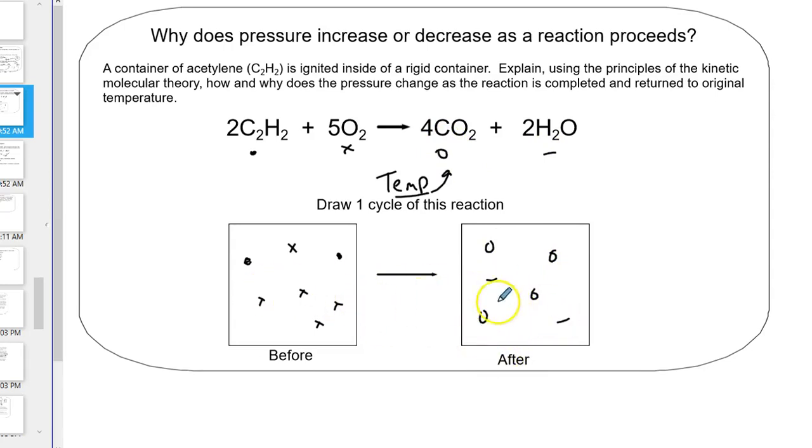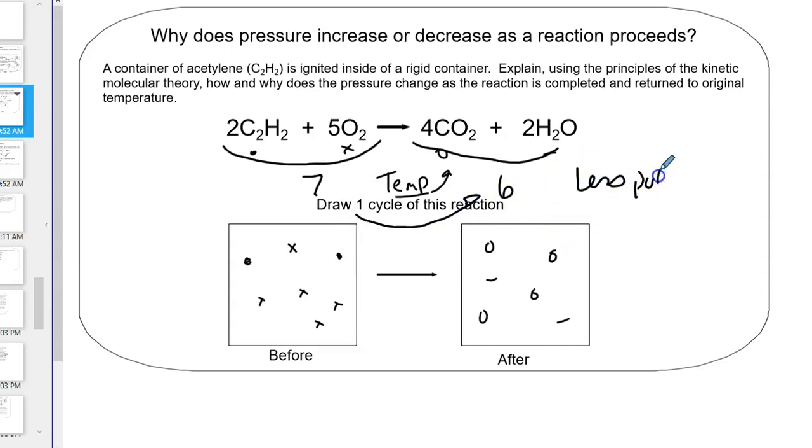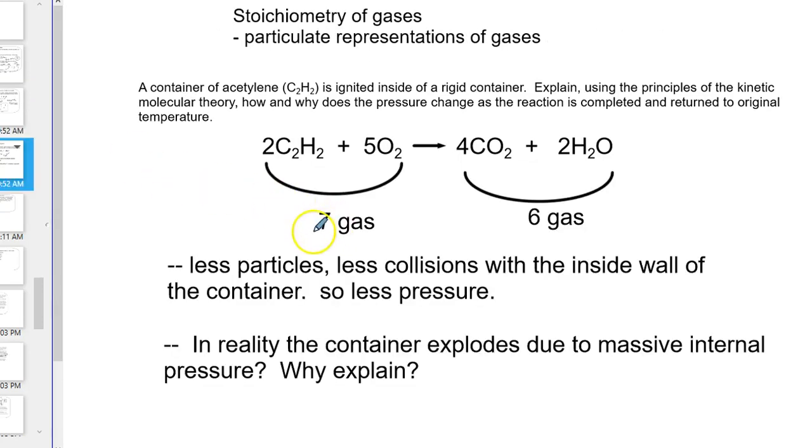So what happens here is I essentially go from having 7 gas particles on this side to 6 particles on the other side. So I'm going from 7 to 6, and because I have fewer particles, once I return back to a normal temperature, since this is a combustion reaction that's going to take some time, we would have less pressure. Less collisions with the inside wall of the container. Alright, there we go.